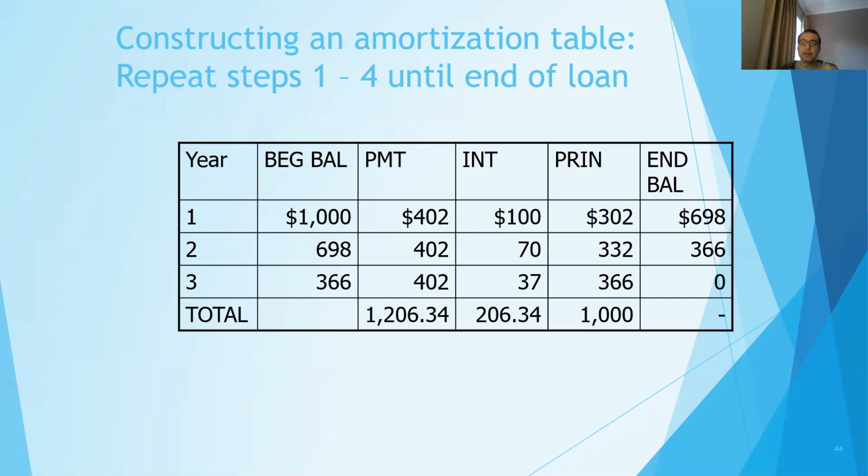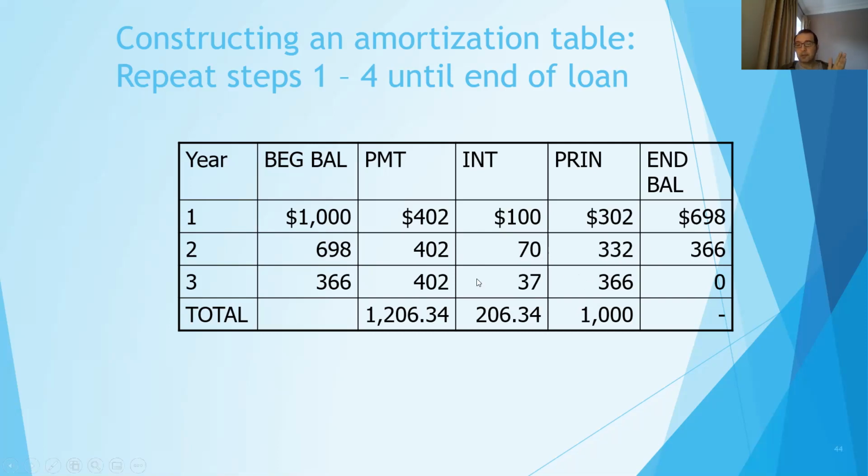So the ending balance is 698, right? The next year, the interest payment is 10% of this amount, 10% of 697. And the remaining 332, which together makes 402, is your principal payment. And the ending balance goes down to 366.